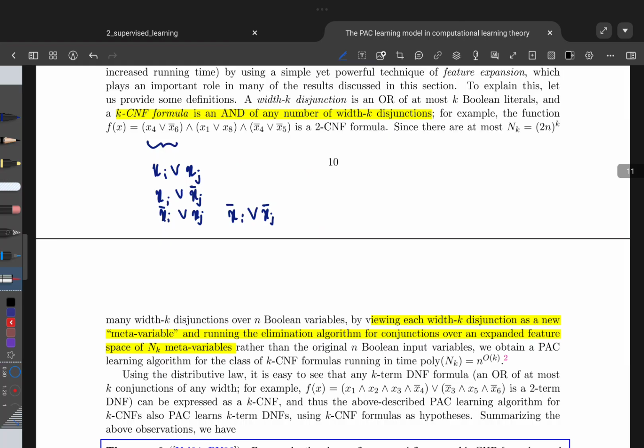So if you look at each disjunction, among n total variables, how many possible such configurations can you generate for one such term?